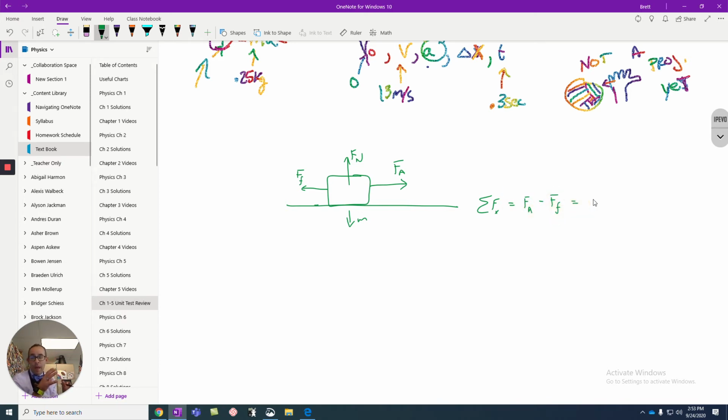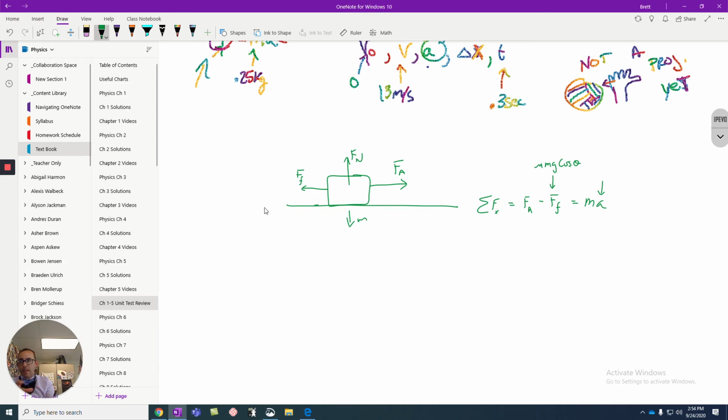Now, they might be balanced. If the object doesn't accelerate, we say that this equals 0, and we can go along our way. If the object accelerates, then we don't say it equals 0, we say it equals ma. It's always safe to say that it equals ma, and then if it's not accelerating, you can put a 0 in for a. If I'm asking for the coefficient of friction, I'm going to remember that mu mg cosine theta equals frictional force.